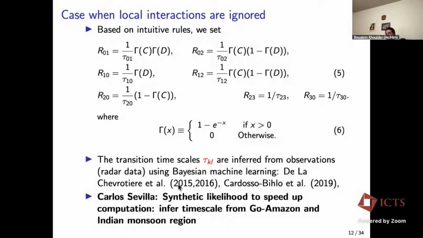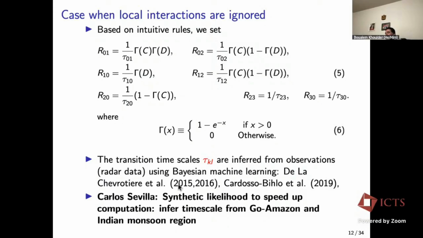Then you can run the model and compute the likelihood of the observed timescales being reproduced by a given timescale. So you can infer what timescales produce the observations. We are doing that like crazy.